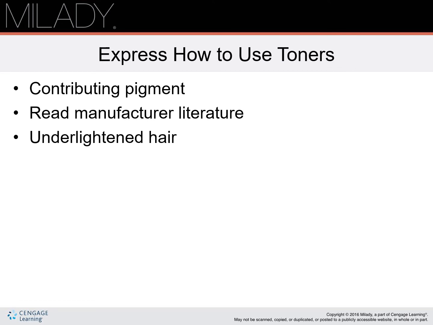This is going to create overly porous hair that will not have enough natural pigment left to create the desired effect. Then you have under-lightened hair, so hair that has not been lightened enough, and I talked about this in the last lecture. Under-lightened hair, on the other hand, is going to appear to be more red, yellow, orange, and have those brassy unintended color tones.